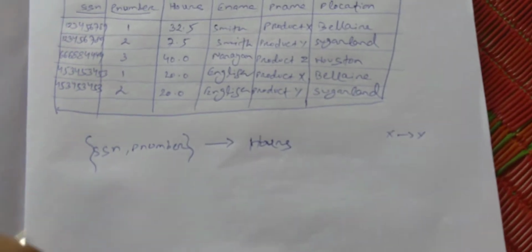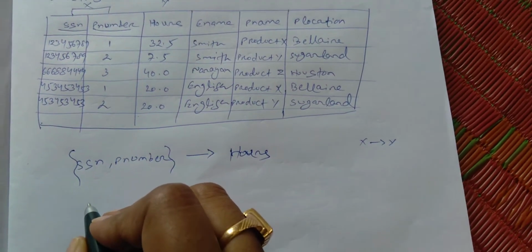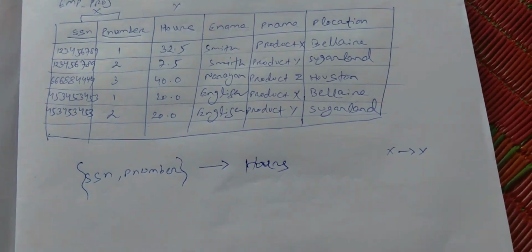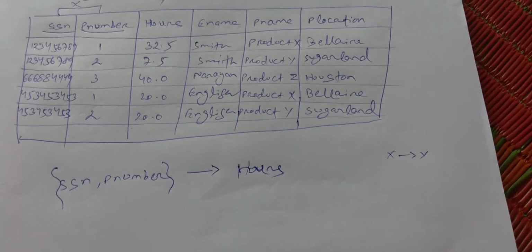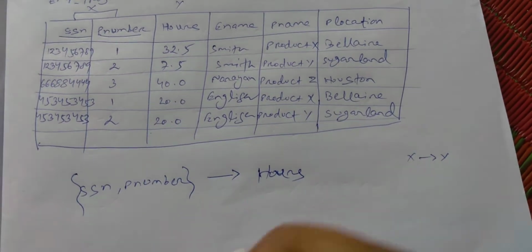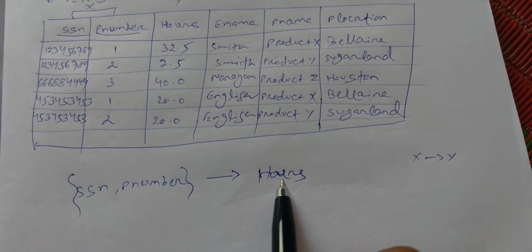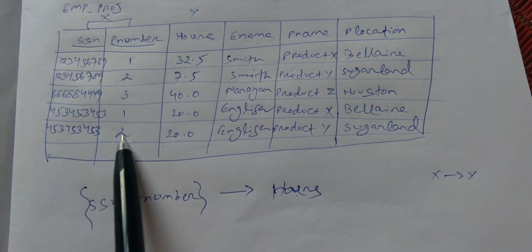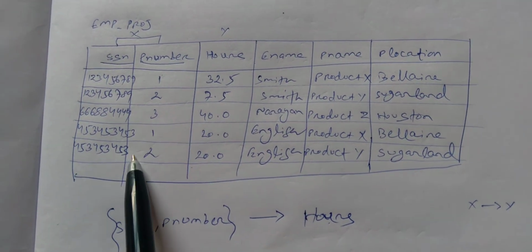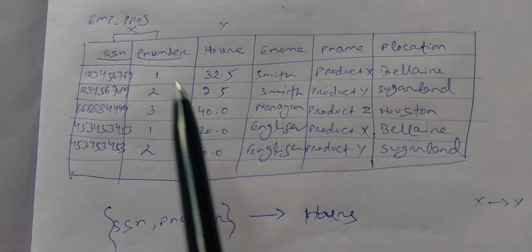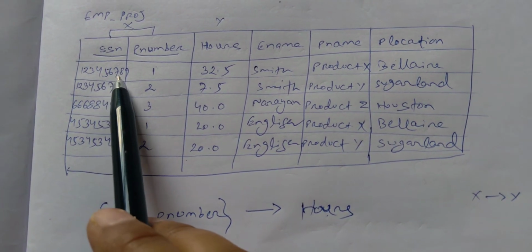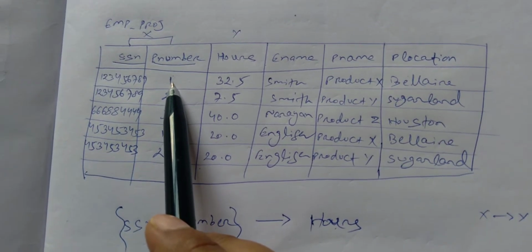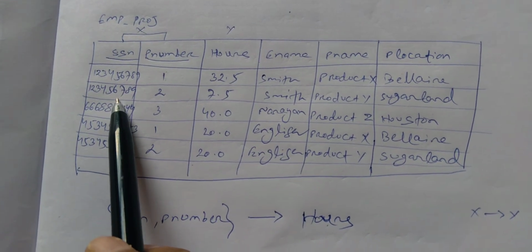Okay, so let's see, first thing is whether there is functional dependency between these two or not. SSN P number uniquely determines hours or not. Take any two combination, whether they are repeated. If they are repeated, these two sides should be equal. So here 1 2 3 4 5 6 7 8 9 1. Is these two values repeated anywhere?